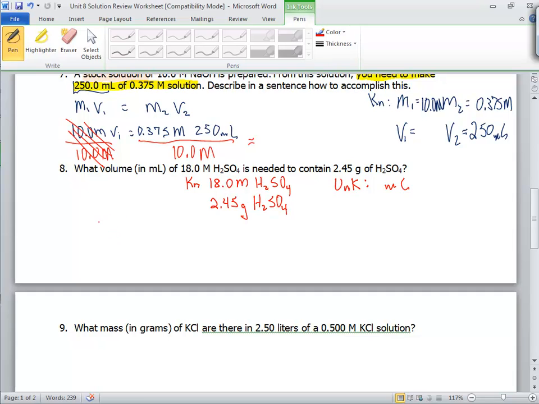So what we are going to do is just kind of play with our units a little bit. I'm going to write down the 2.45 grams of sulfuric acid, H2SO4.